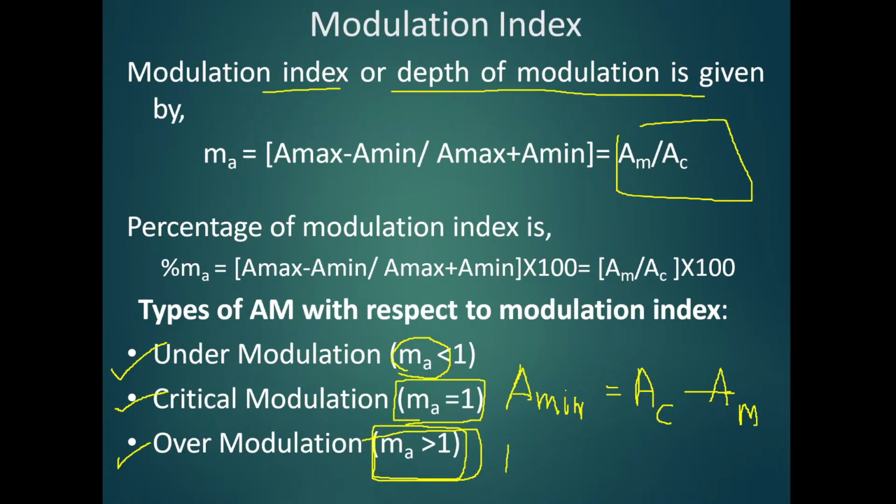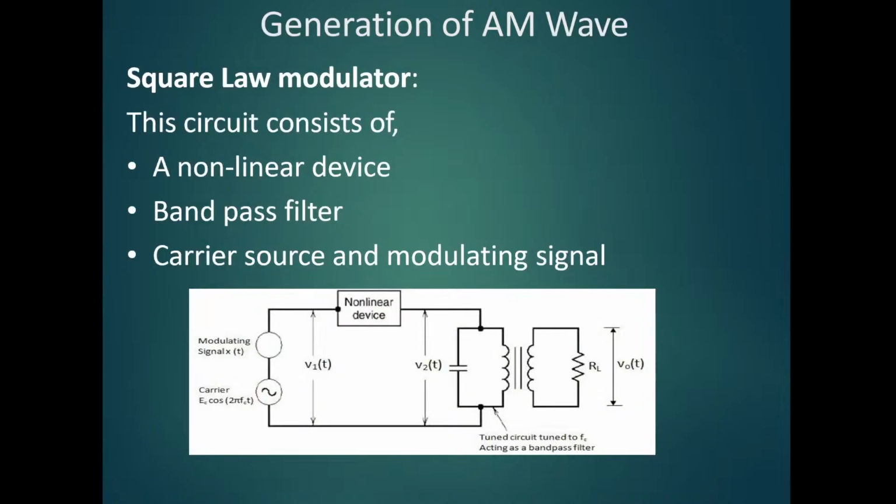And the maximum value of amplitude modulated wave is nothing but AC plus AM. These are the two formulas. You can also note it down in your notebooks, right? Okay. So this was about the modulation index, right?